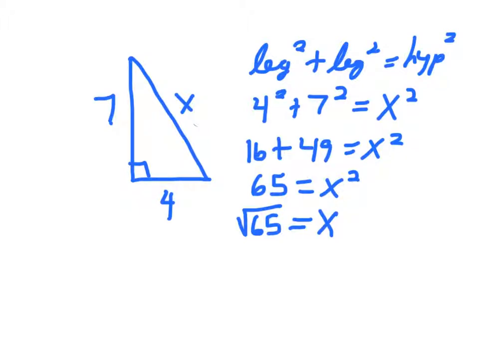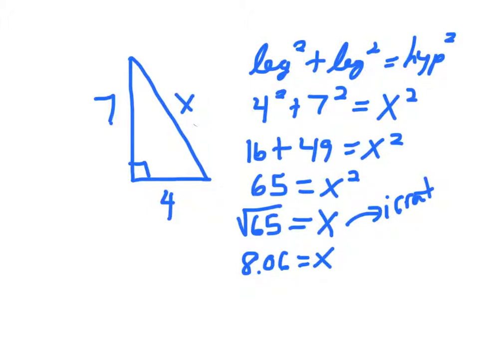And using a calculator, we can calculate that out. The square root of 65 turns out to be about 8.06, and then some other numbers, because this is not a perfect square, so it's an irrational number. So we get a big long decimal.